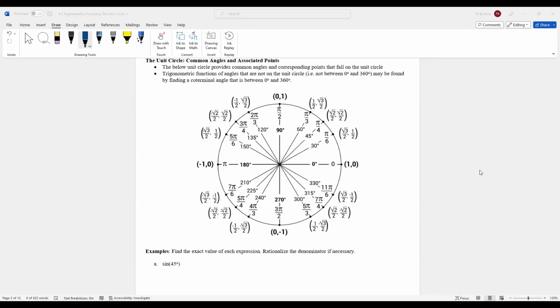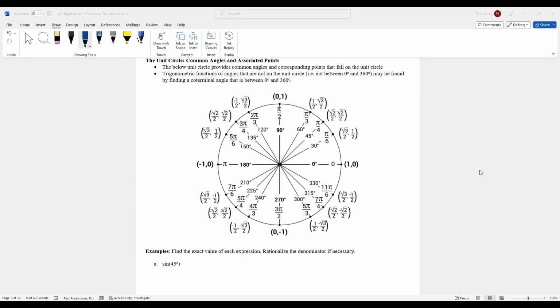In these next few exercises, we're going to be looking directly at the unit circle. And here you see a unit circle that's been filled out with common angles. So 30, 45, 60, 90, right? And then continuing on by either increments of 15 or 30 degrees, all the way to 360.